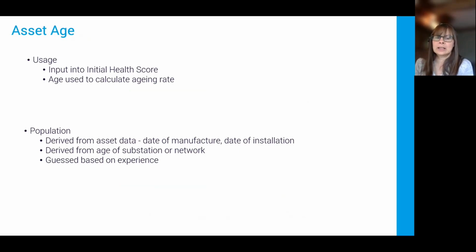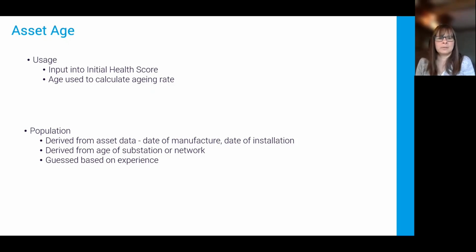In terms of the age, we use that to create the initial health score. But the other thing that we do with the age is we use it to calculate the aging rate. We create a theoretical asset initial health score, based on the age and the location and the duty.